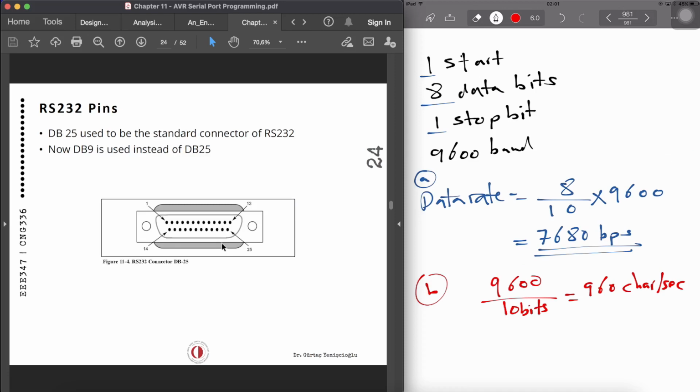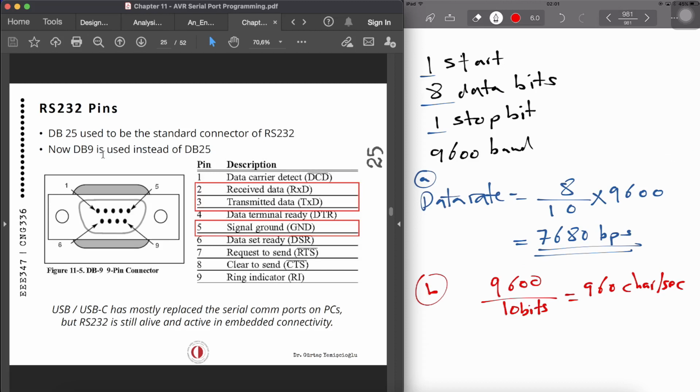So nowadays the DB9 is used, and you just need to use only 3 pins over there, which are receive, transmit, and ground. USB-C has mostly replaced the serial communication ports on PCs, but RS-232 is still alive and active in embedded applications because it's cheap.